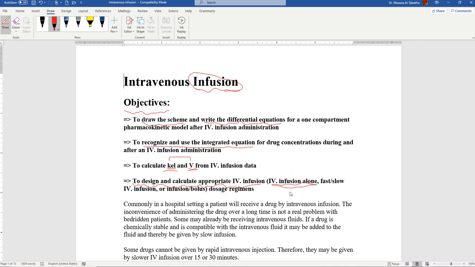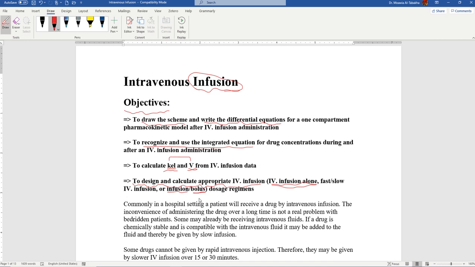So instead, we can combine fast infusion followed by slow infusion, or give an IV bolus followed by IV infusion. So we have different scenarios in order to reach the desired concentration quickly.